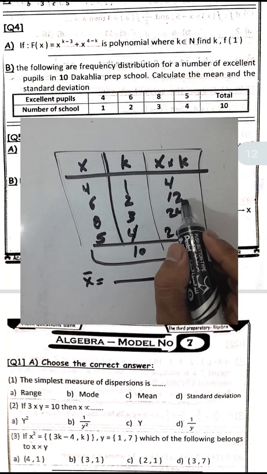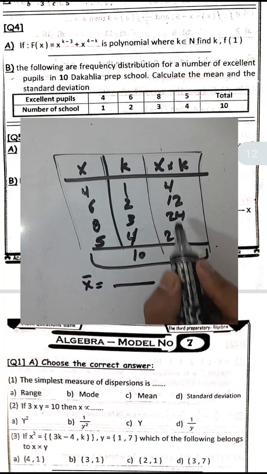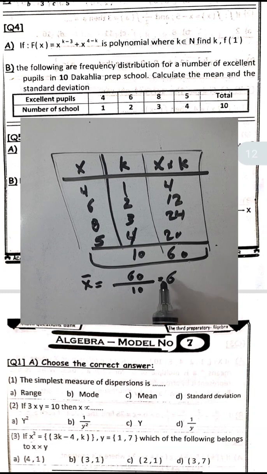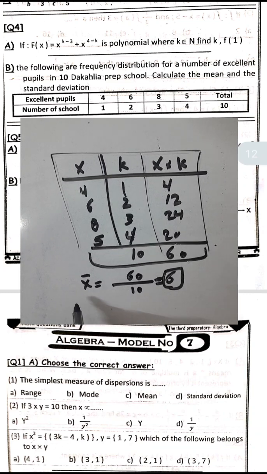Here 4 plus 12 plus 24 plus 20 equals 60, and 60 divided by 10 will be 6, so x bar equals 6.